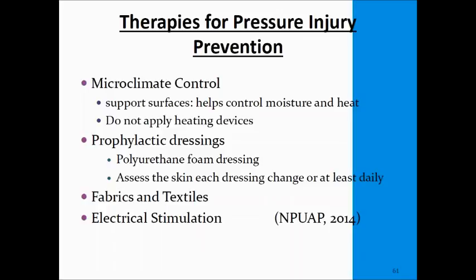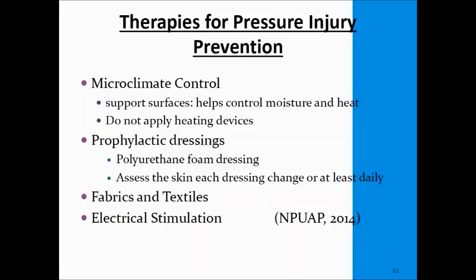Prophylactic dressings. You want to use prophylactic dressings, maybe over skin from medical devices or areas of redness or friction or shear, to prevent them from breaking down. Polyurethane foam dressings can be used over bony prominences like the heels and sacrum to prevent pressure injuries, which are areas that are prone to friction and shear.